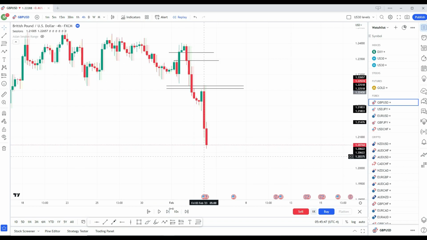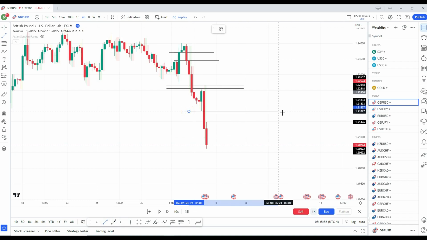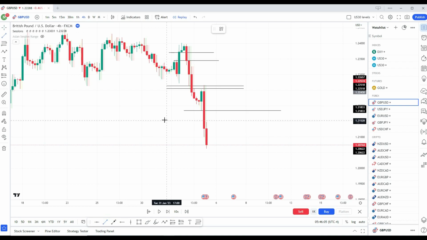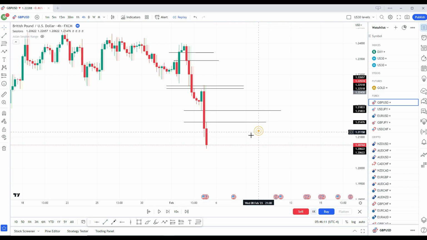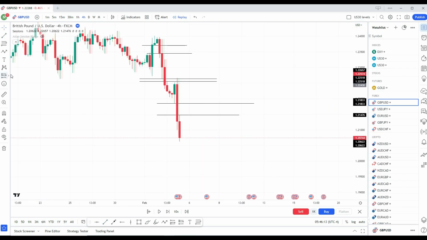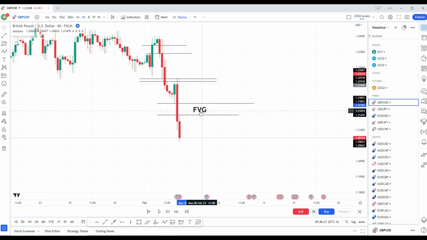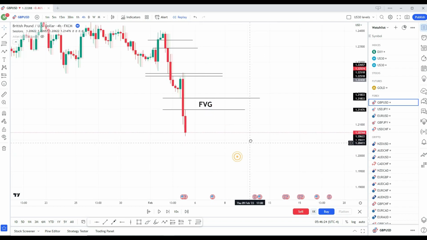Now this one is a huge gap. Let's see if it will be filled between this candle. So this is the fair value gap. Let's see if it will be filled.